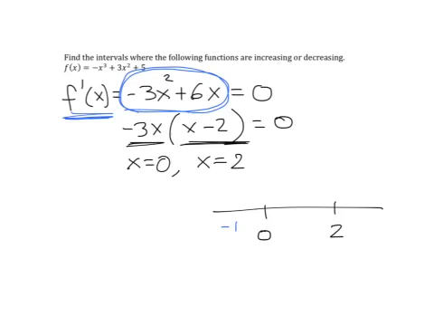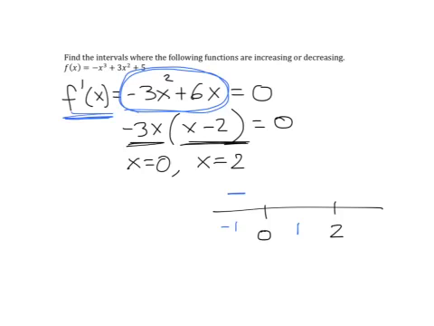So if I plug in -1, we get -1 squared, that's positive. Positive times -3 will be -3. -3 plus 6 times negative, that's going to be a negative sign. We don't have to know exactly what value, but we're interested in finding the sign. What about if I pick 1 in between 0 and 2?